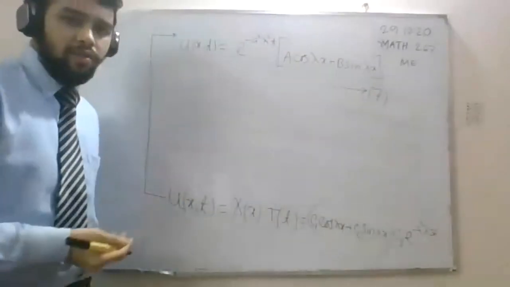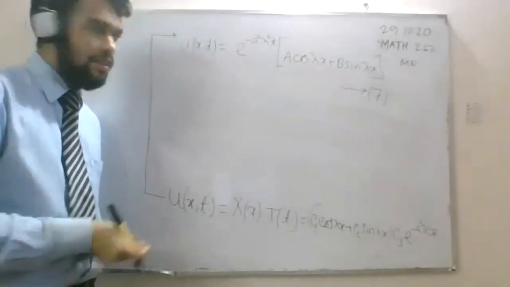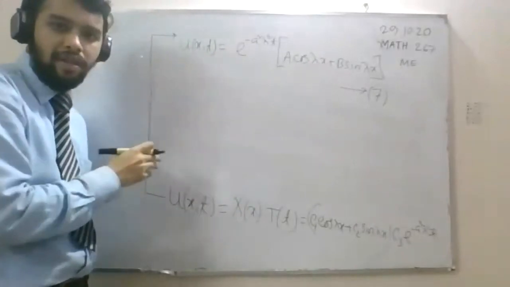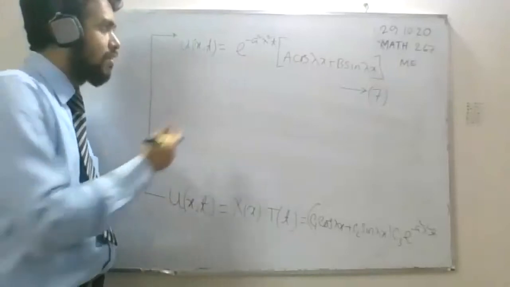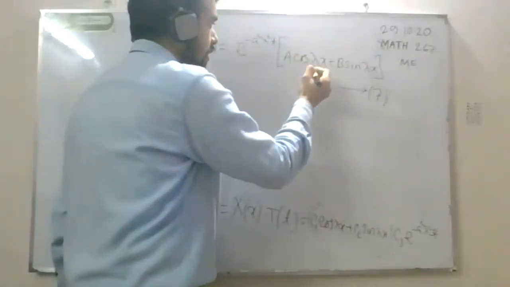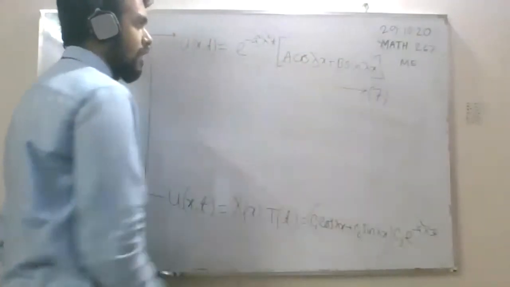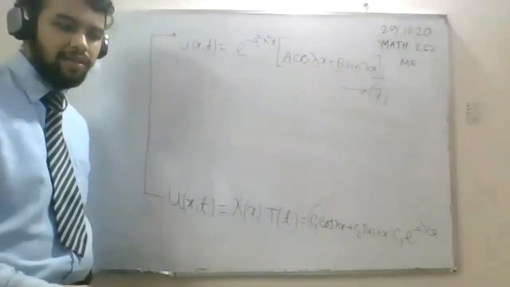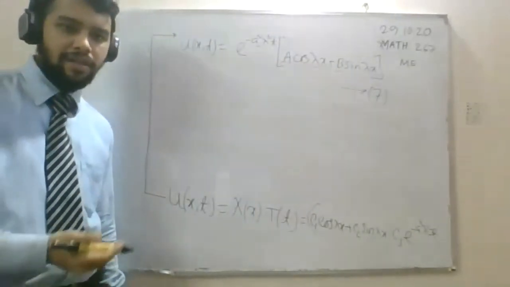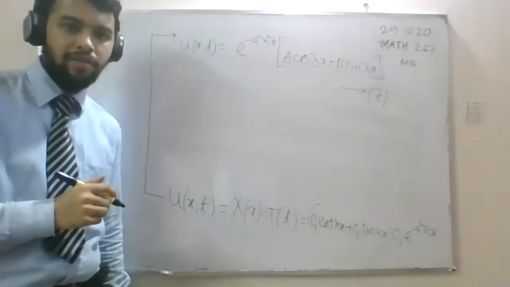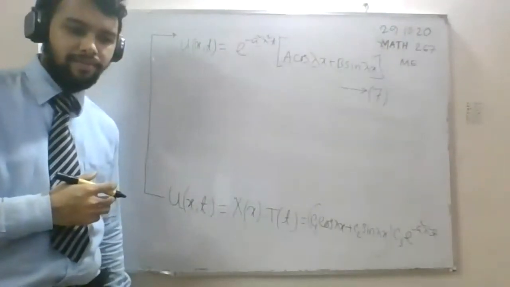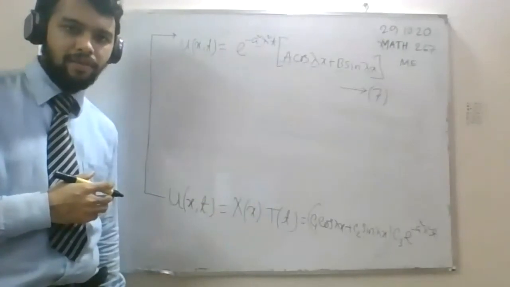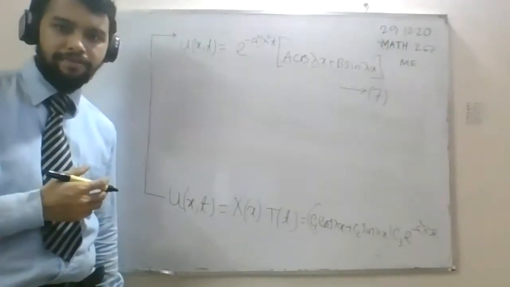Now what we have to do from here? This is your actual equation. So now from here you have to find the values of lambda, a, b, these constant terms. So how can we find the values?